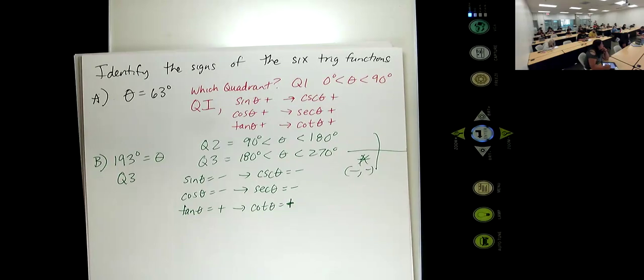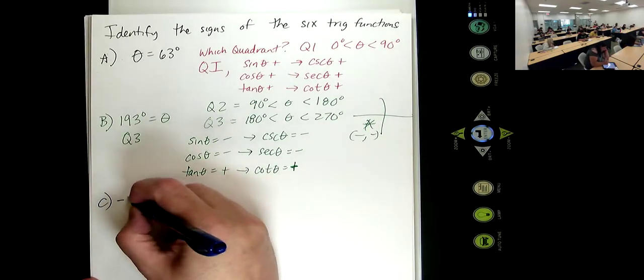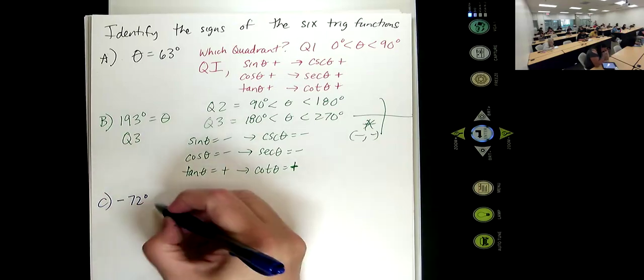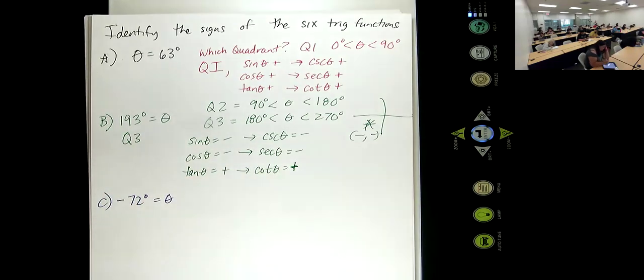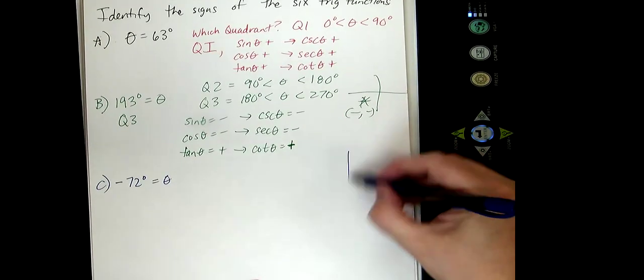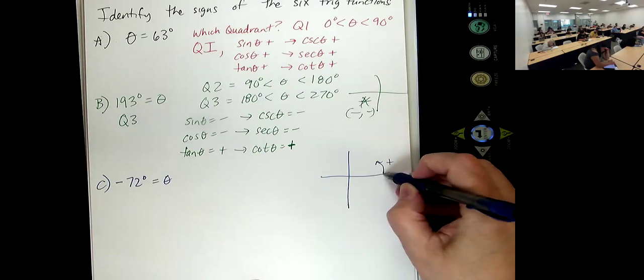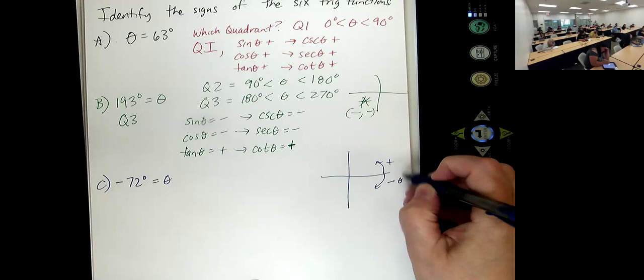Alright. What about negative 72 degrees? And the fourth quadrant. Let's see, if positive would be that way, we want to go that way for a negative angle.